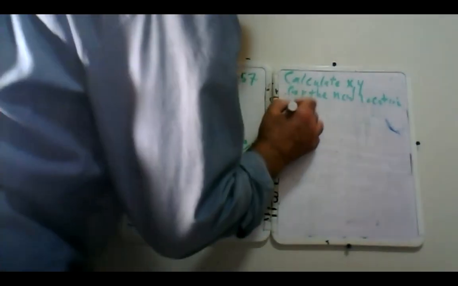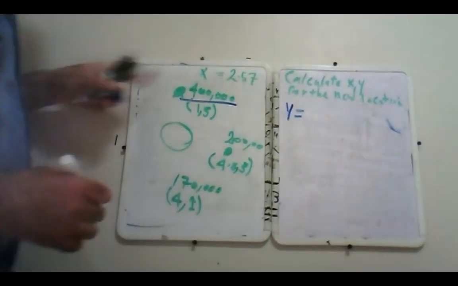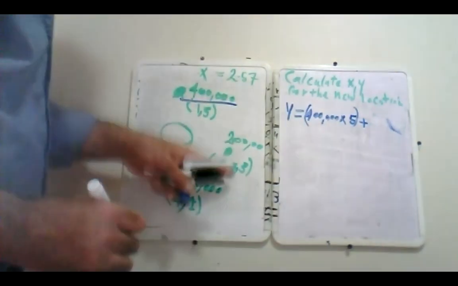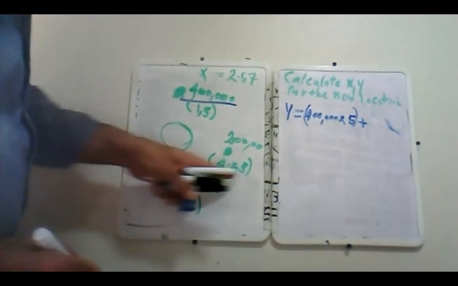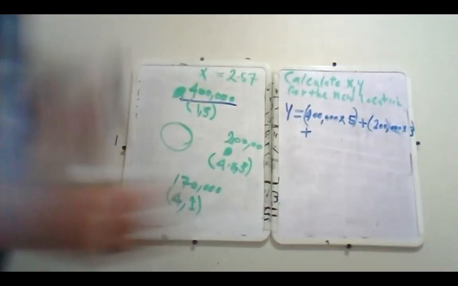So 400,000 multiplied by 5, plus 200,000 multiplied by 3, plus 170,000 multiplied by 1.